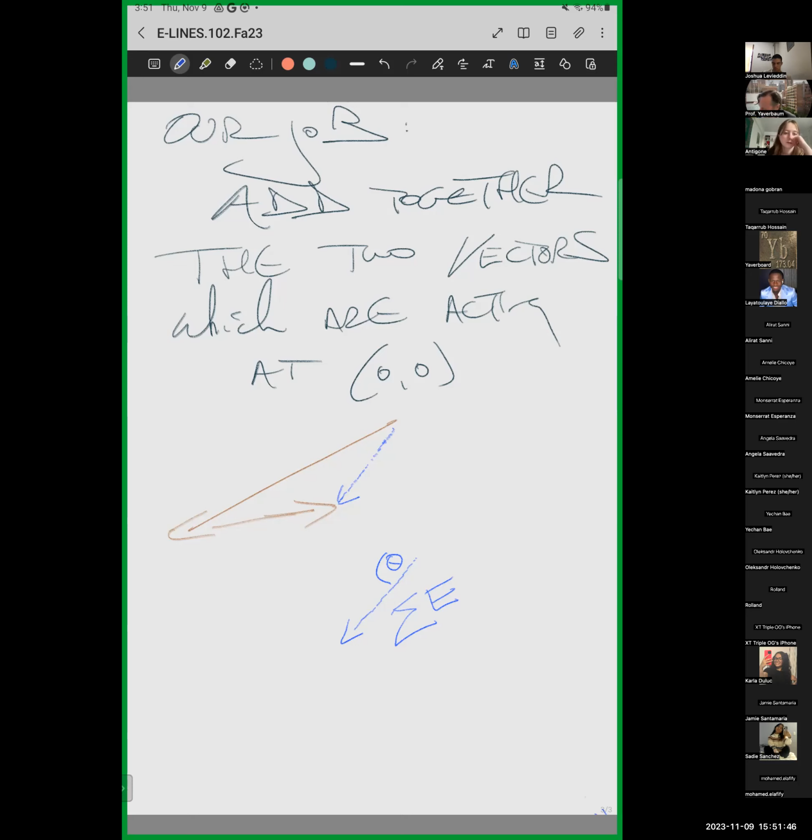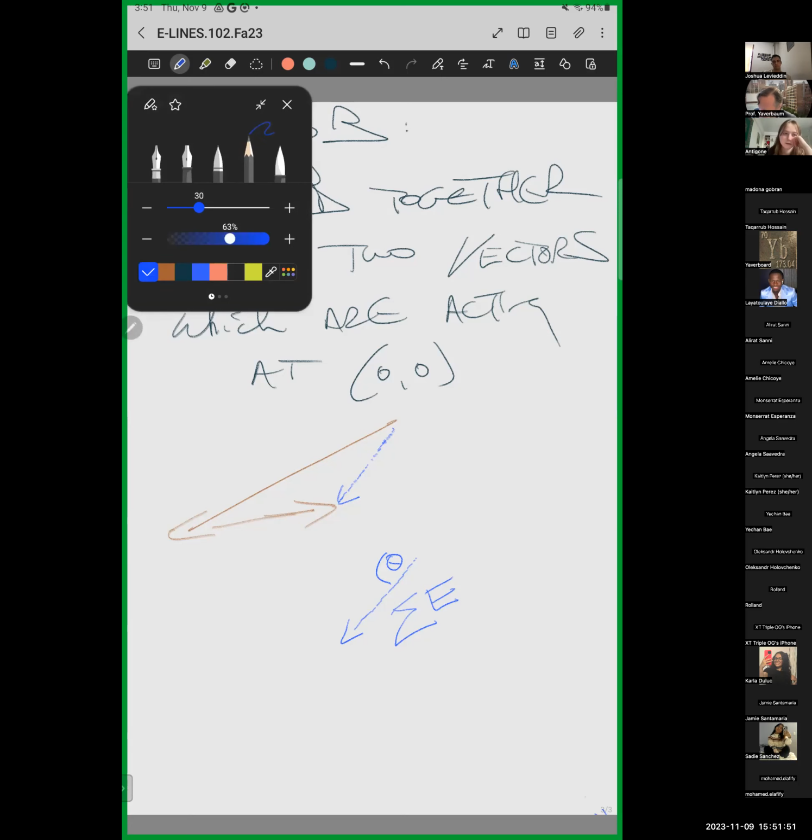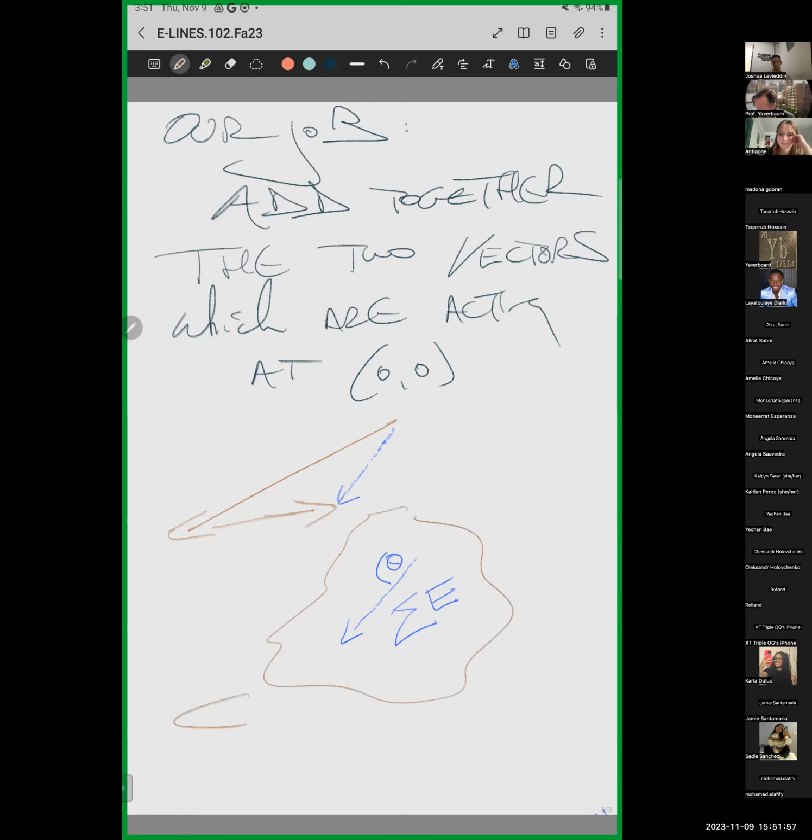But this blue thing here is a sketch, a prediction, a representation of what our final answer, with all the calculations, should resemble.